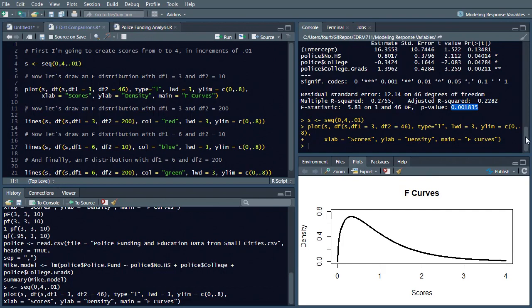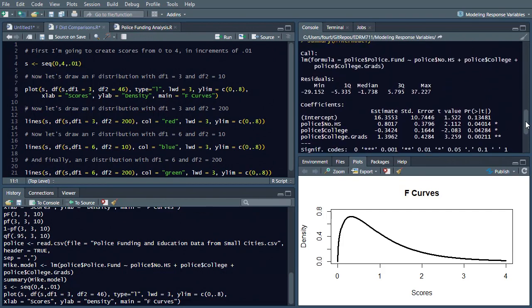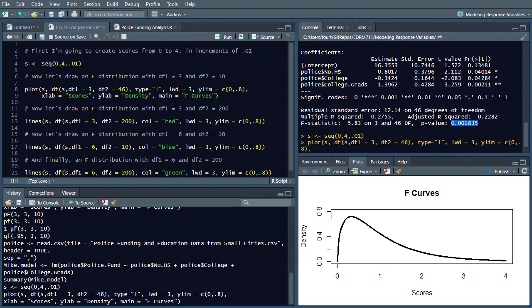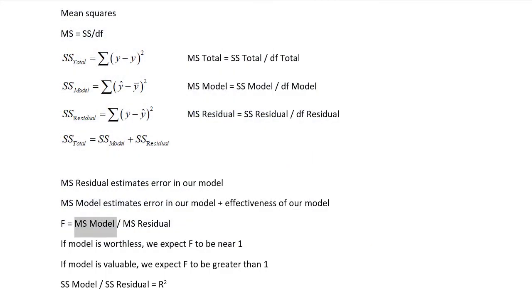Now, let's see, what else can I tell you while we're at this? Oh, here's one other thing that's kind of interesting. If we were to take the mean square residual and take the square root of it, let's go back here. Remember mean square, sum of squares over degrees of freedom, that if you take the square root of it, you get a standard deviation.